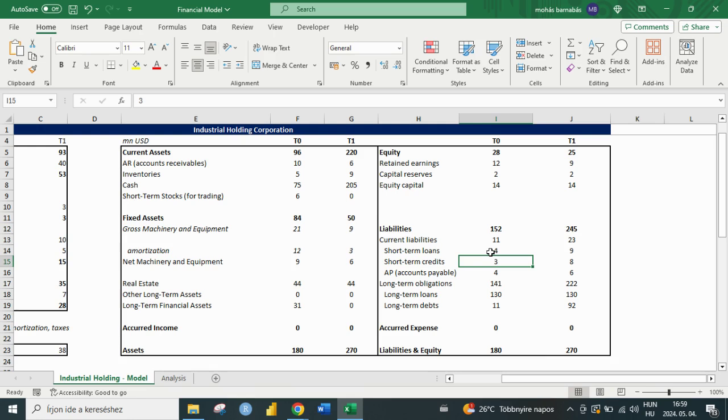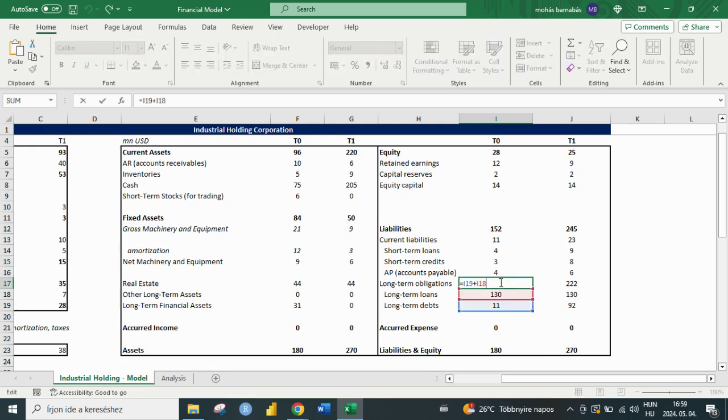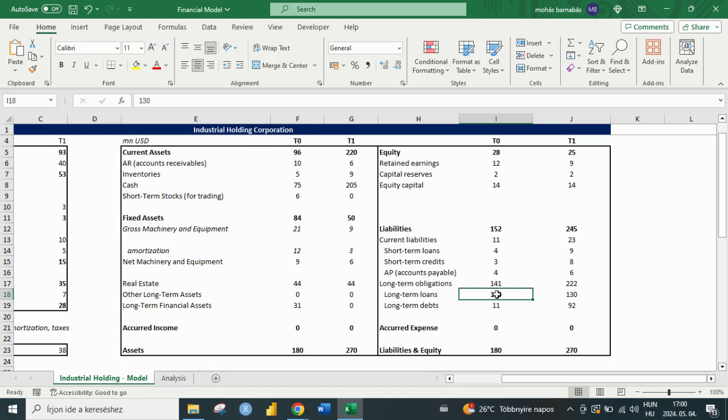And if we go further, you can see that the long-term obligations are added up from the long-term loans and debt. Long-term loans are loans that have to be paid by the client, and they have a longer tenure, like 5 or 10 years. They are typically investment loans, so loans that the client borrowed and uses for executing investment projects. Long-term debt in this case refers to the bonds that were issued by the company.